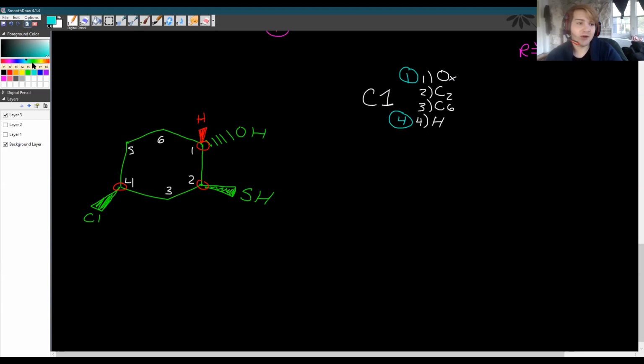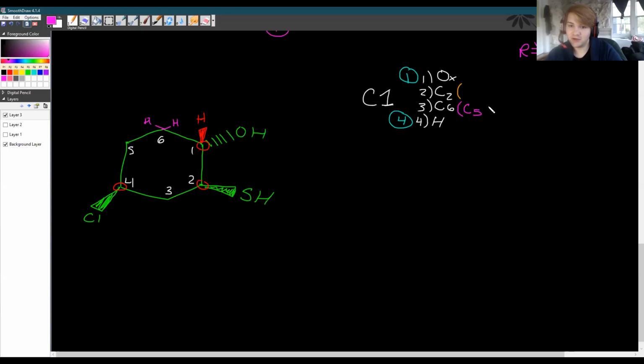And now who wins carbon to carbon? Exactly the same. So now we have to see what each one is bonded to. So C2, and well, we'll do C6 first because that's a little bit simpler. C6 is bonded to C5 and two hydrogens, right?